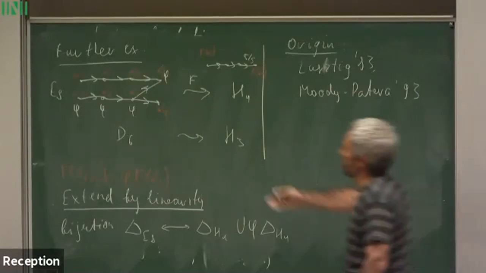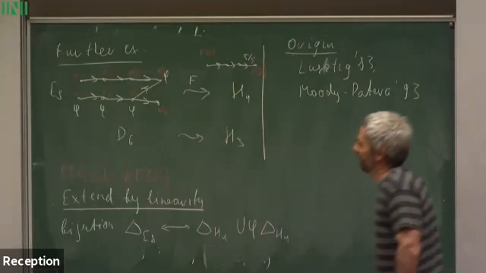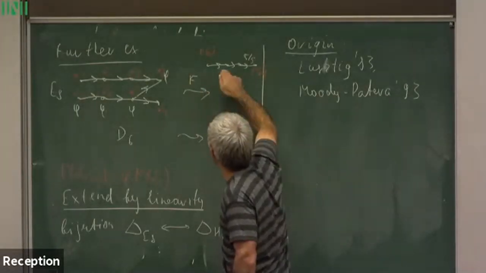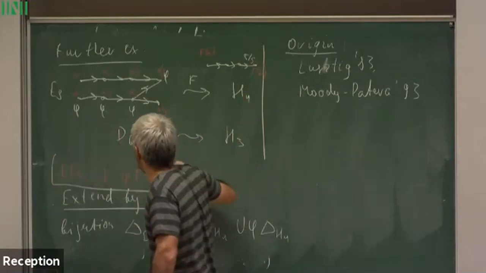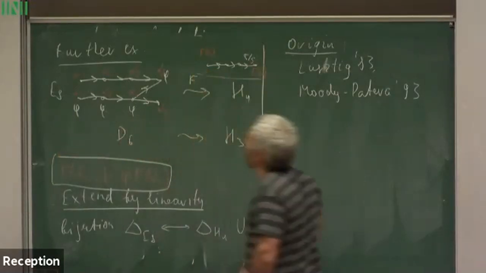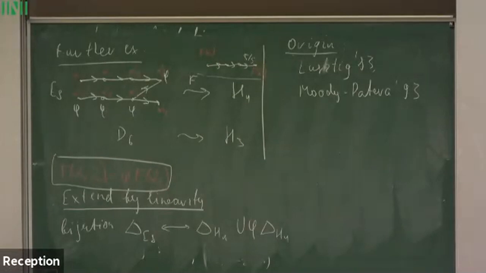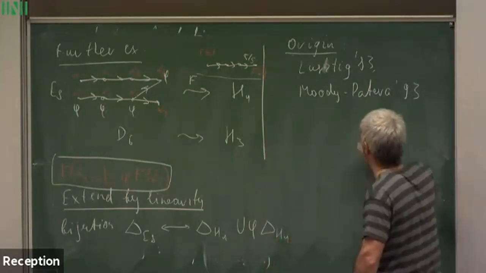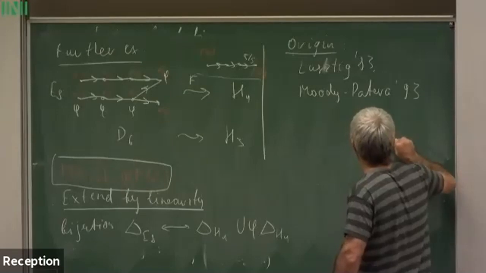This is not immediately obvious: when I extend this map by linearity, which is defined here, the image of a root will be a root or a phi multiple. But this is the case. And this also extends, of course, and the same construction can be done for I2.